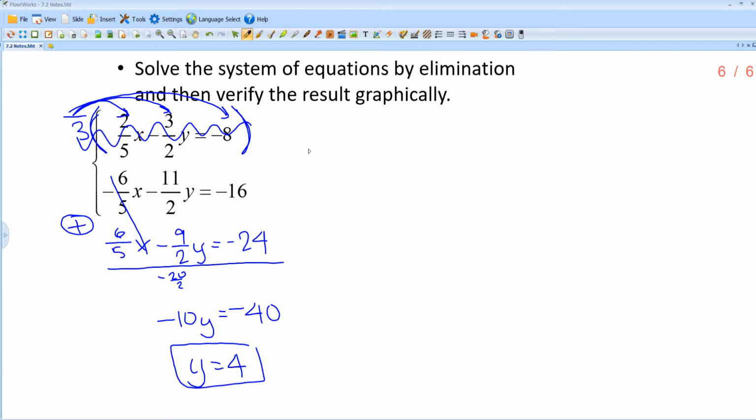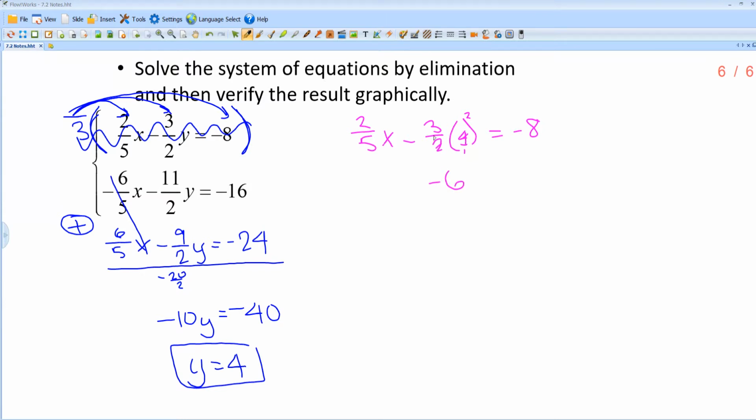I scratched that one off a little bit, but I'll still substitute into it. I'll have 2/5 x minus 3/2, and instead of y, I'll put 4, equals -8. This 4 is like 4 over 1, and the 4 over 2 becomes 2. So this is just a -6.